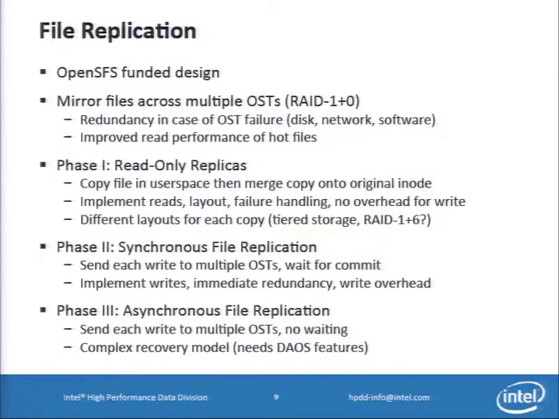And then, I guess in the far future, asynchronous file replication will allow us to also do concurrent updates without actually waiting for any of the commits, but it would require underlying features like what we are going to include in DOS to actually keep track of the consistency, and that's not going to be all that trivial.